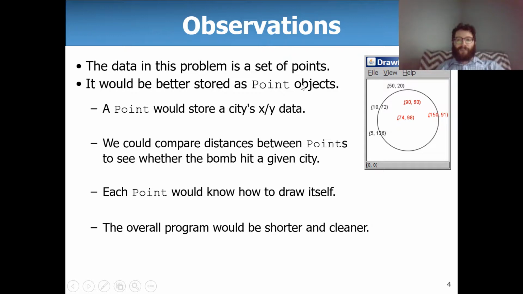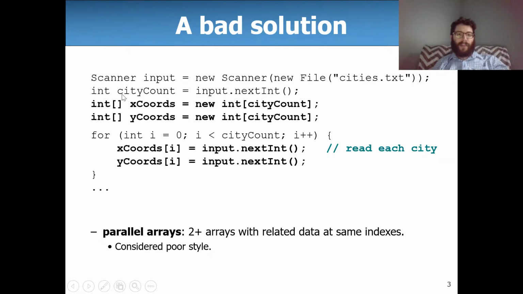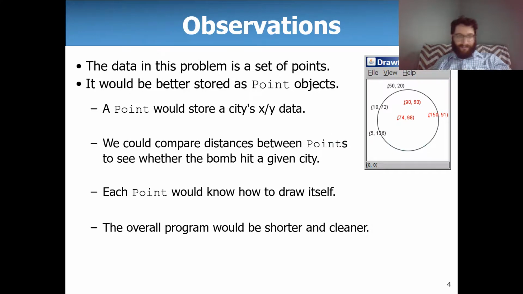Because then we could view it as actual points, because that's what these are, right? These are points on a field. These are points in a grid. It'd be better if we could reframe our thinking, so we don't have to remember, okay, this is the x coordinates, this is the y coordinates, or this is the giant array, and then the evens are x's and the odds are y's, and right.